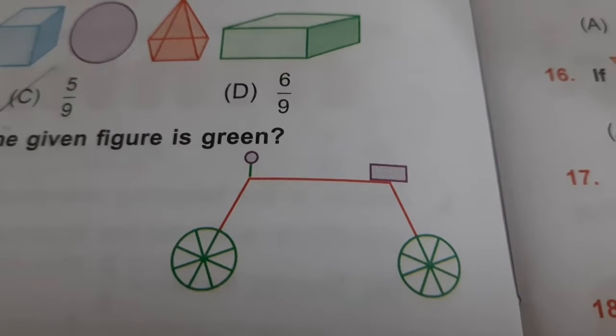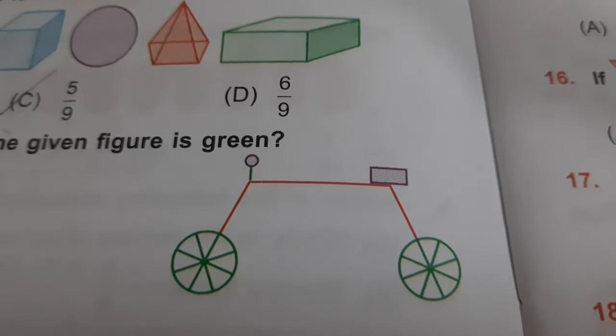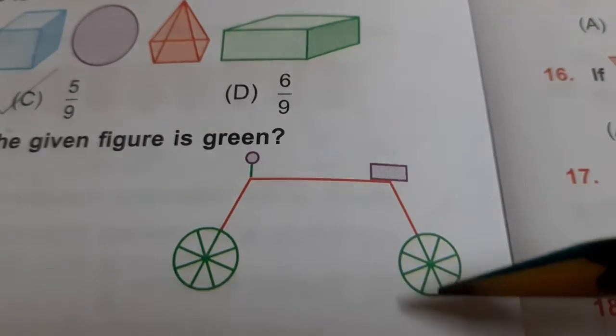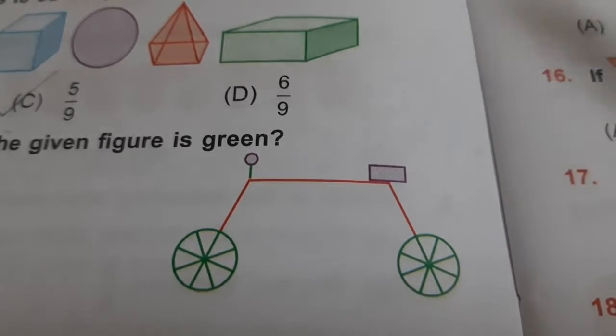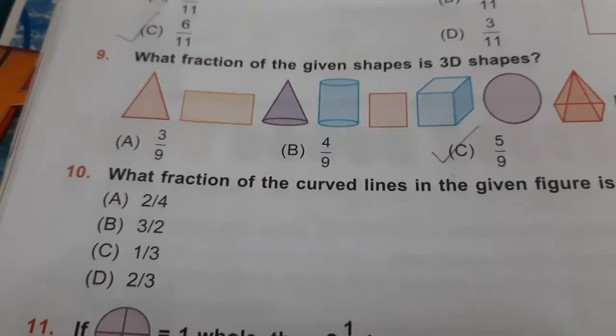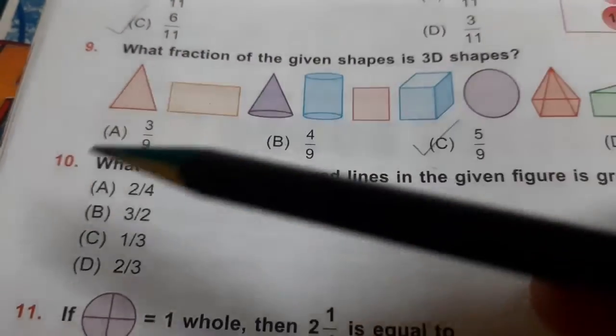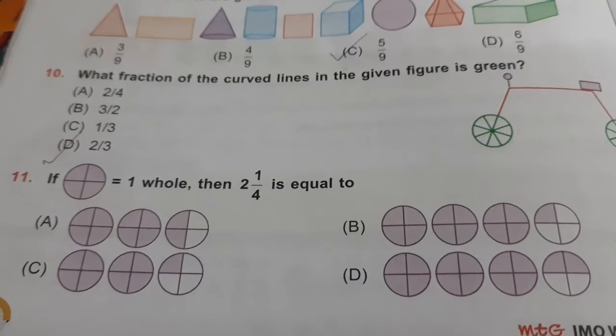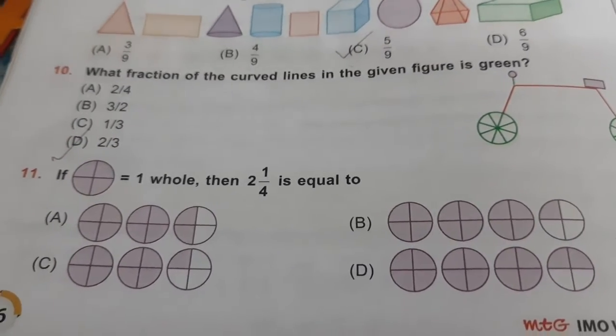So you have 3 curved lines in total, out of which how many are green? 1 and 2. So 2 upon 3 should be the answer, which is nothing but option D. Please tick it. Moving on to the next question, question number 11.